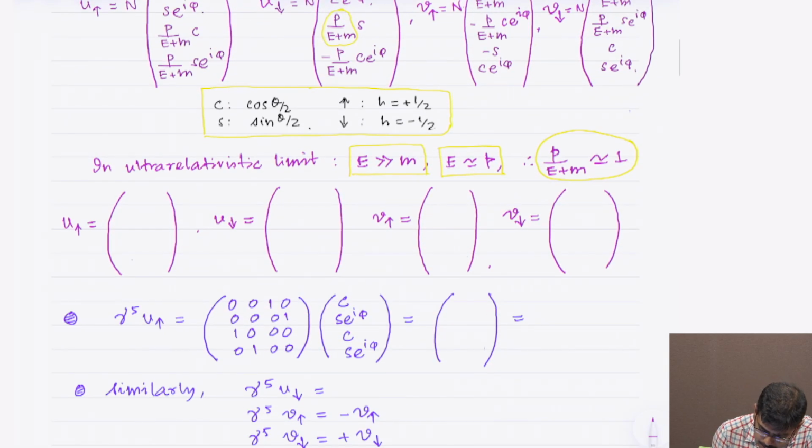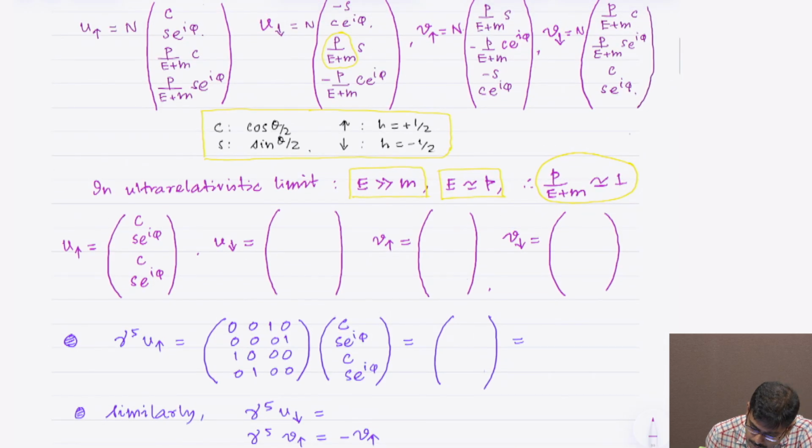Let us write them down. For u up, this is C, S e to the power i phi, C, S e to the power i phi. What about the u down? This is minus S. Once again, S stands for sine theta by 2, C stands for cos theta by 2. So this is minus S, C e to the power i phi, and then P by E plus m becomes 1, this is S, and this becomes minus C e to the power i phi.